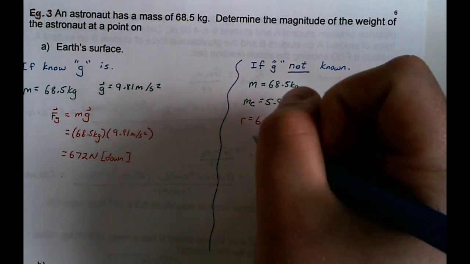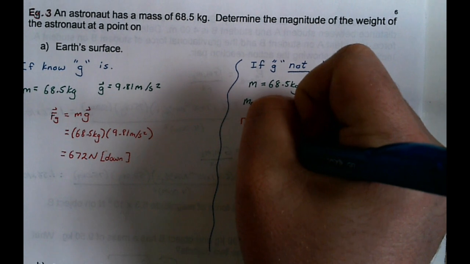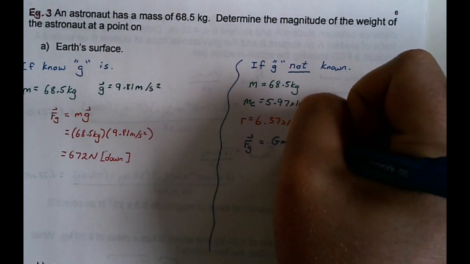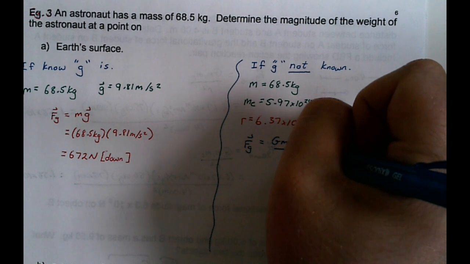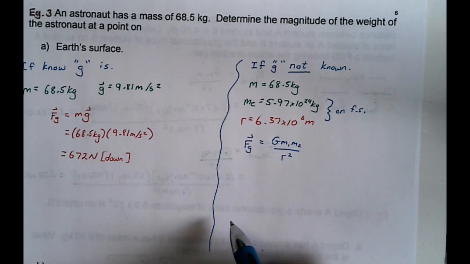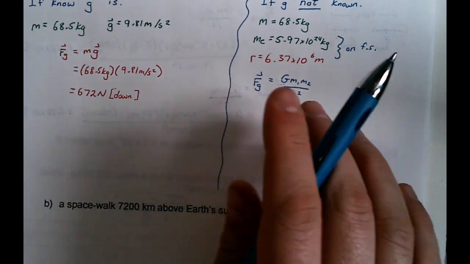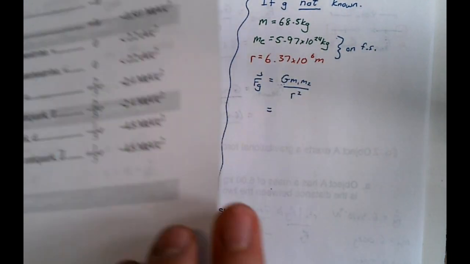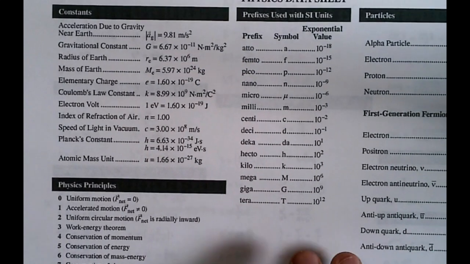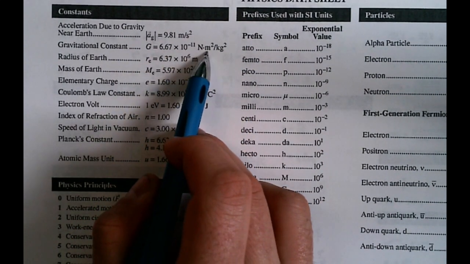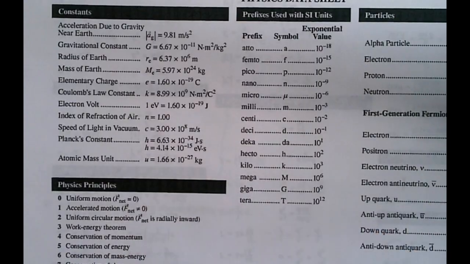So our formula in this case is going to be Fg is equal to G m1 m2 divided by r squared. That gravitational constant formula. When we plug in, we know our gravitational constant, again, from our formula sheet, is 6.67 times 10 to the negative 11 newton meters squared per kilogram squared.